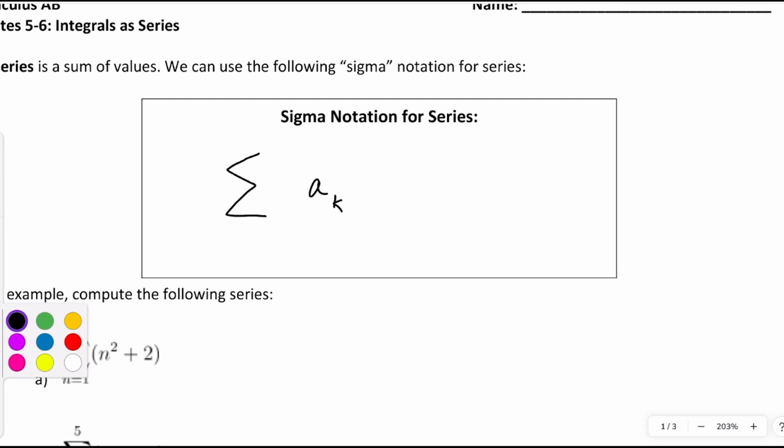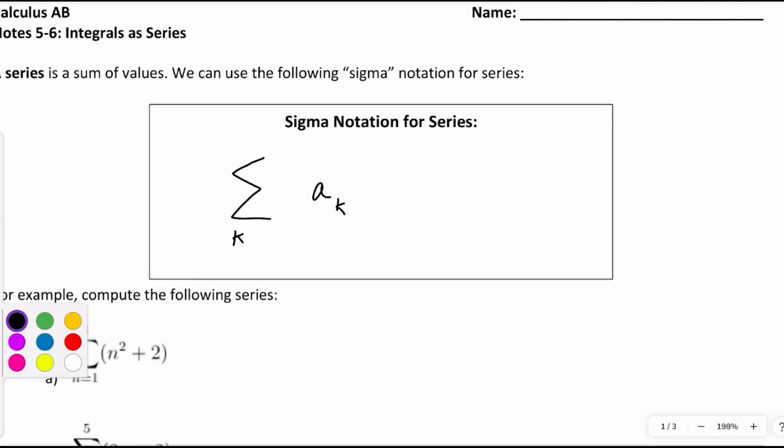We'll write those at the bottom and the top of this capital sigma. So we'll say k equals whatever the first term number is, the first k. So k equals 0 or k equals 1 or whatever the case may be. And then the number that goes on the top is going to be the last k value that we use.